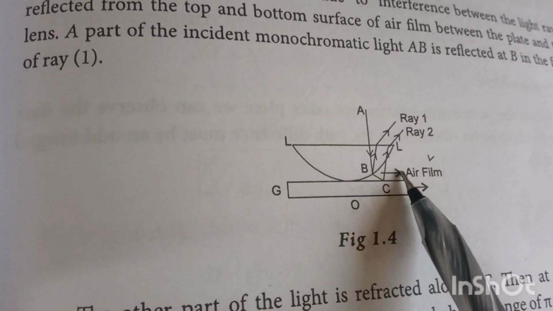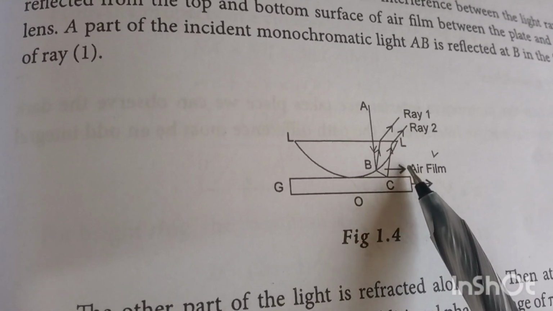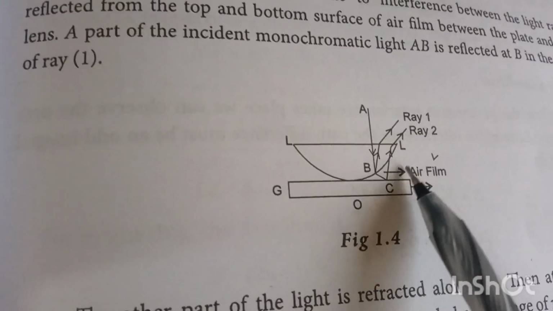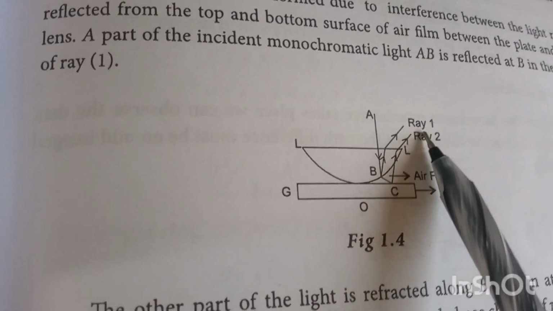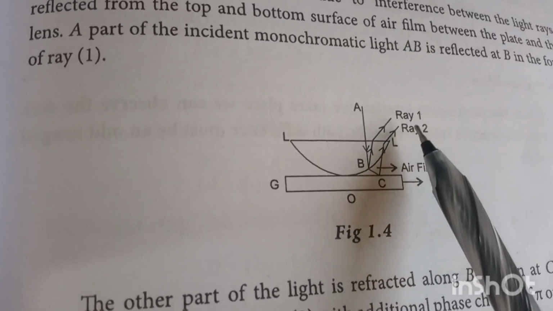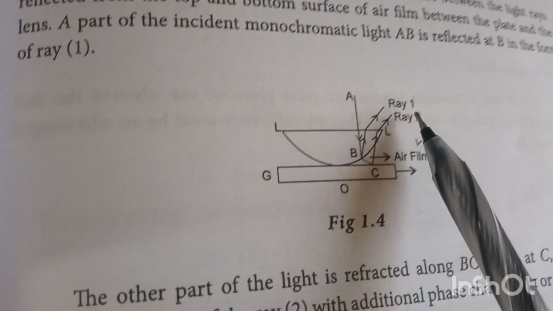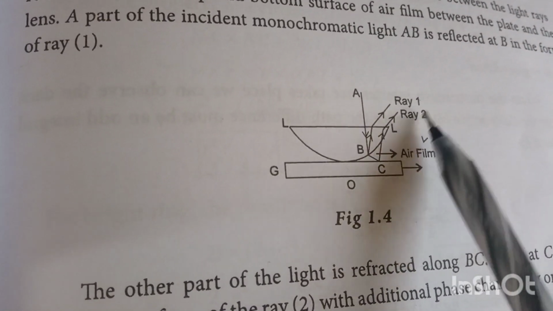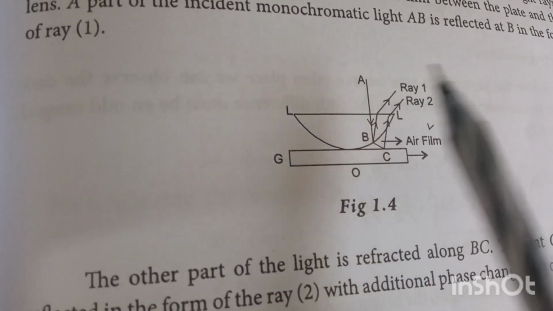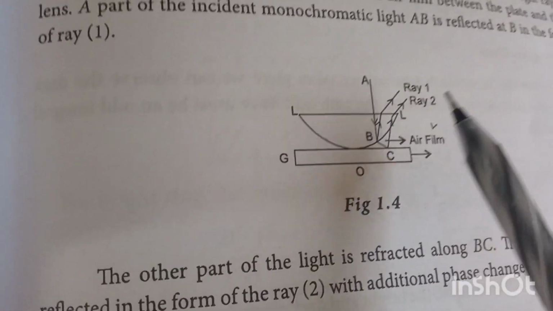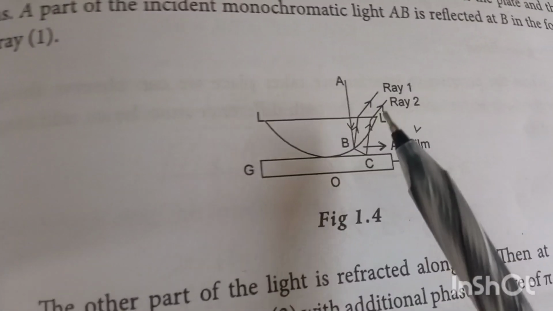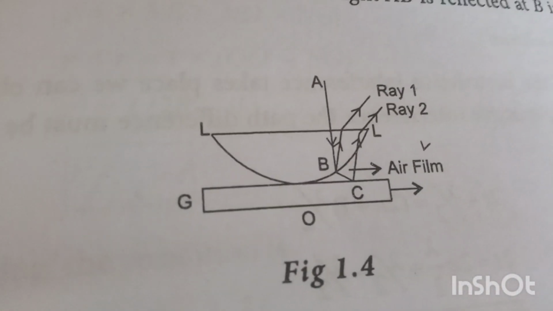Then at C, the air-glass boundary, it is again reflected in the form of light ray 2 with the additional phase change of pi, or path difference of lambda by 2. As the rings are observed in the reflected light, the path difference between them is 2 mu t cos r plus lambda by 2.